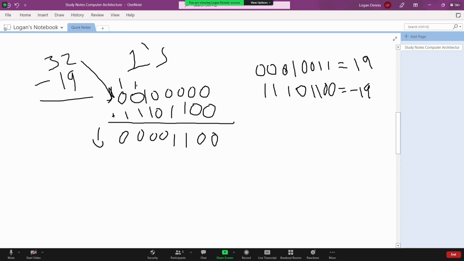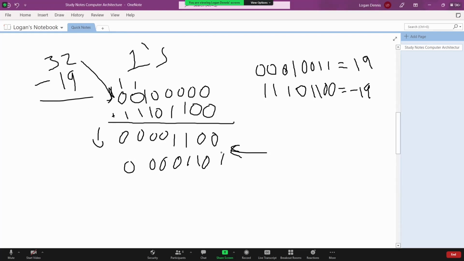Then 1 and 1 is 0, carry of 1. 1 and 1 is 0, and you get an extra carry of 1. And don't you have to add that now? Since it's one's complement, this gets added over here as an extra 1. So this becomes 0, 0, 0, 0, 1, 1, 0, 1. I guess this should be the final answer using one's complement.